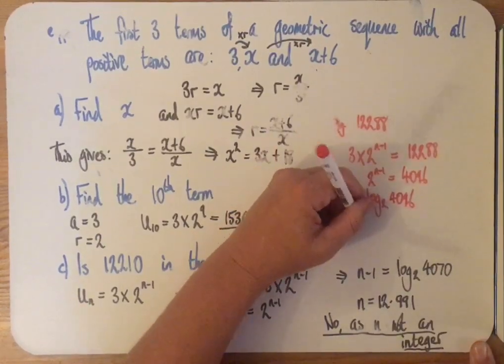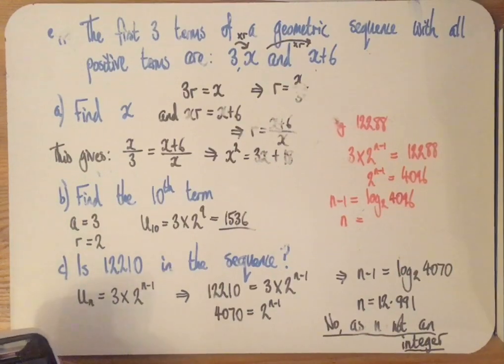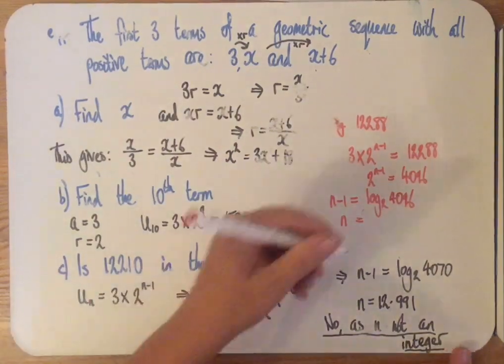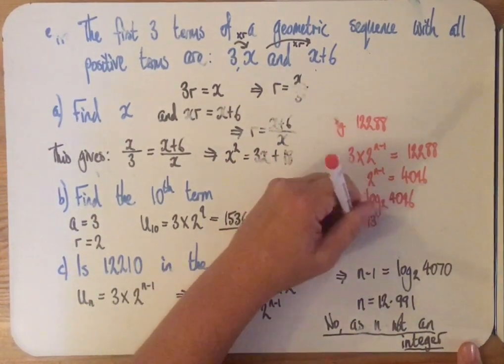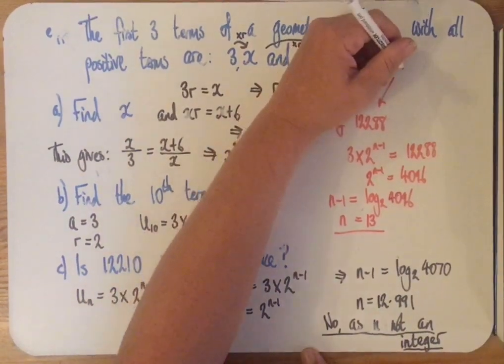If you put that into a calculator, you should find you get an integer. So log to the base 2 of 4096 is equal to 12. Add 1 and you get 13 exactly, and so this will be in the sequence.